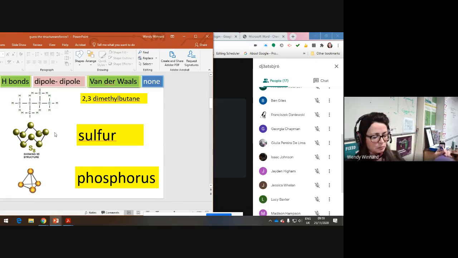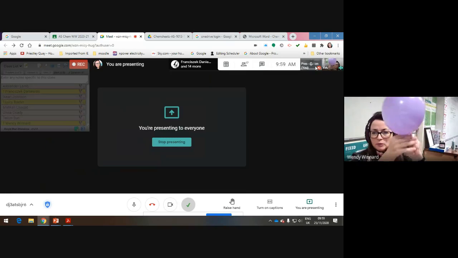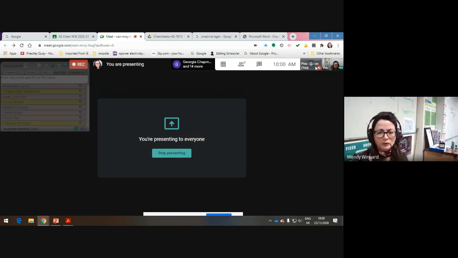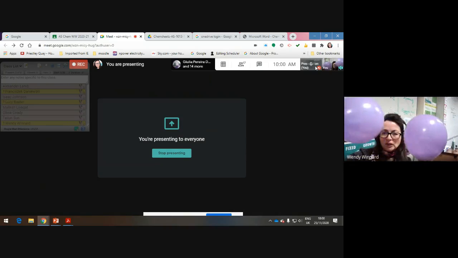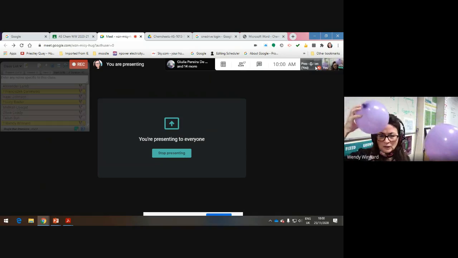van der Waals. So I'm just blowing up 2 balloons here because I like blowing up balloons. So here's one balloon. Here's another balloon. Now they're not attracted to each other. So this is one sulfur molecule. This is another sulfur molecule.